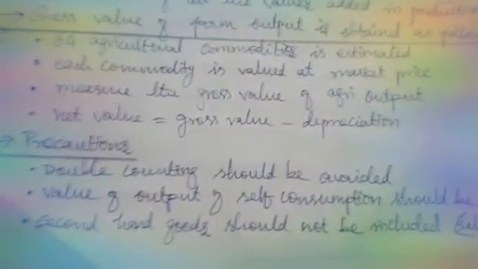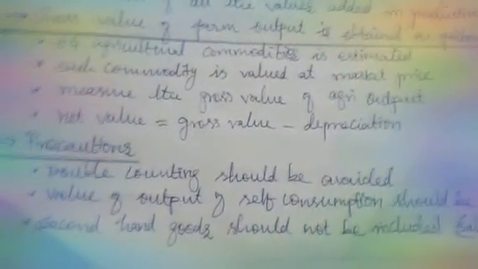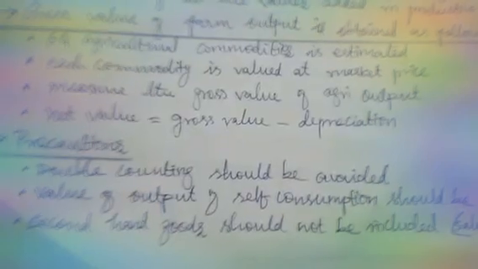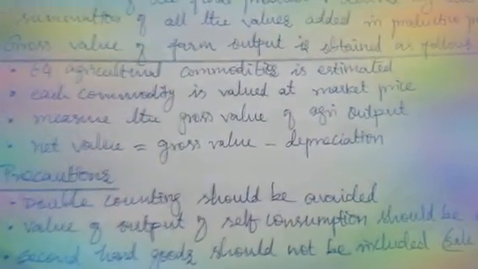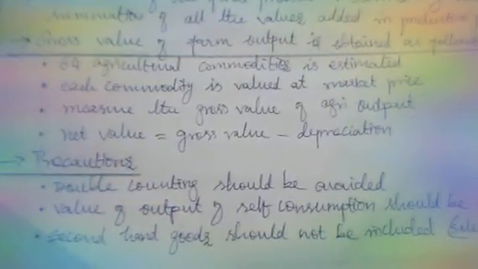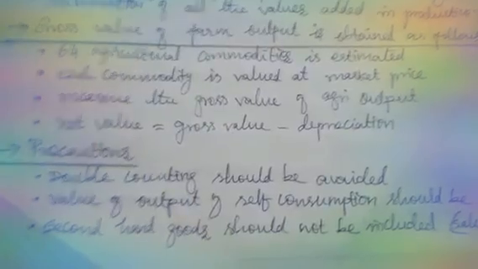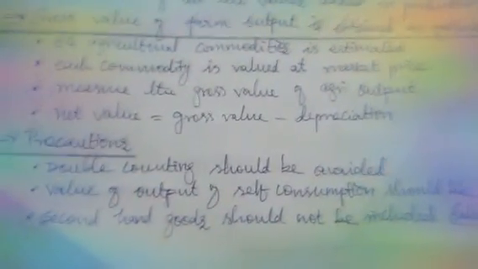For the net value, we have to deduct the depreciation from the gross value, and we get the net value of agricultural commodities or any other sector. The net value of each sector measured in this way indicates the net contribution of the sector to the national income.